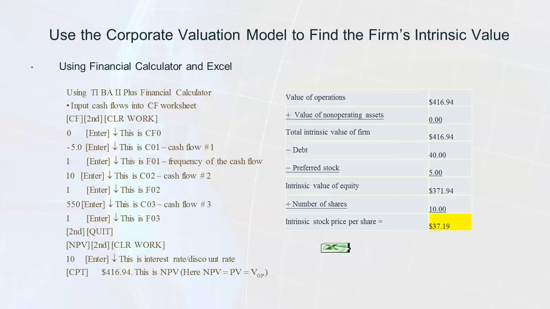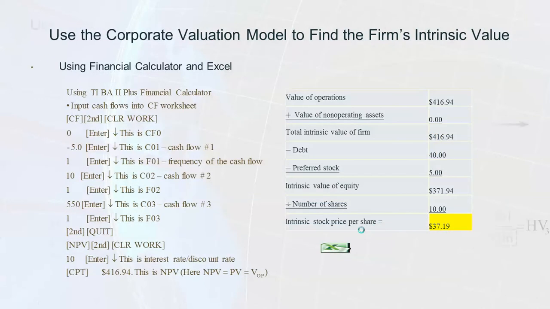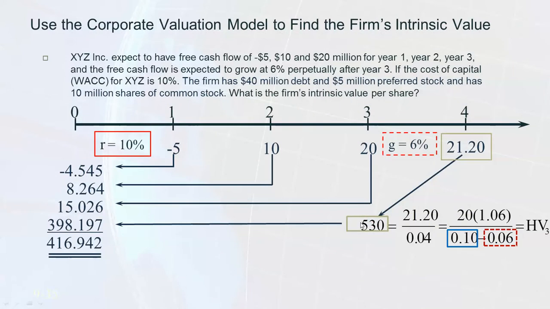And then your second cash flow is going to be 10. How many times? One time. And the third cash flow is actually your third free cash flow plus the terminal value. So this is what I'm talking about. The third cash flow is 20 plus 530, which is 550.